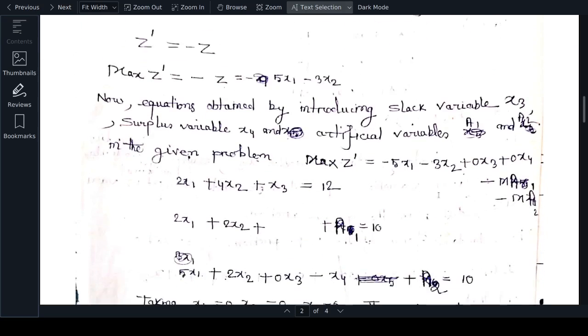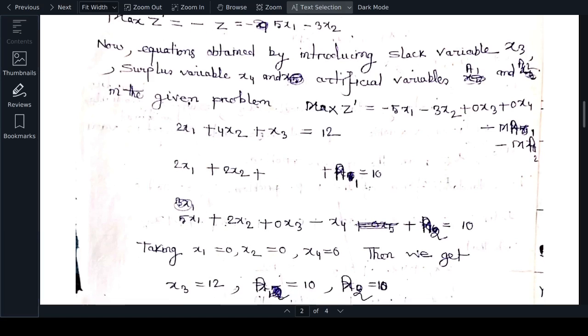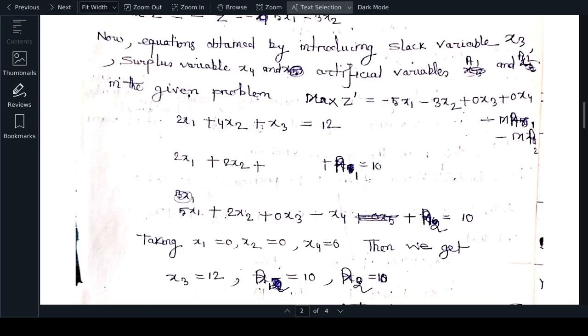Okay, so in the table you see we have written B, then CB, then capital XB, and here capital Y1 denotes all the coefficients of X1, capital Y2 denotes all the coefficients of X2, capital Y3 denotes all the coefficients of X3, and Y4 denotes all the coefficients of X4, A1 all the coefficients of A1, A2 all the coefficients of A2.